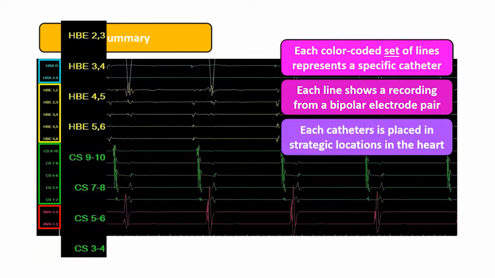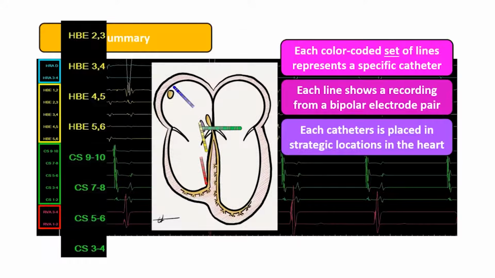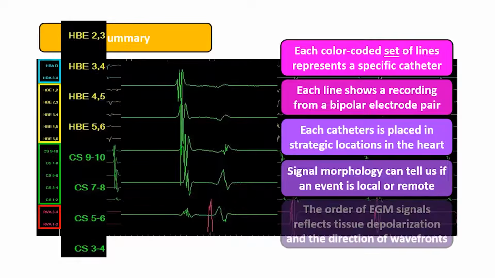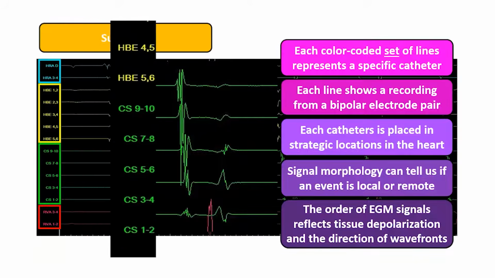We now know that each catheter is placed in strategic locations within the heart, and that signal morphology can tell us if an event is happening locally or remotely. And lastly, what we covered is that the order of electrogram signals reflects tissue depolarization and the timing and direction of wavefront propagation.